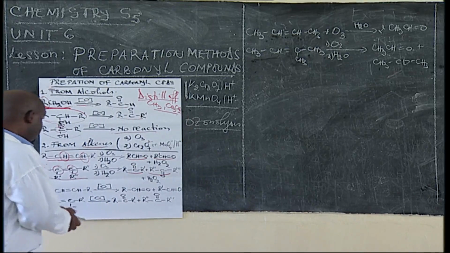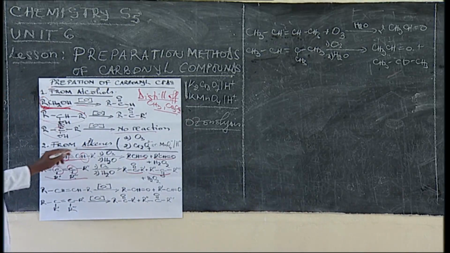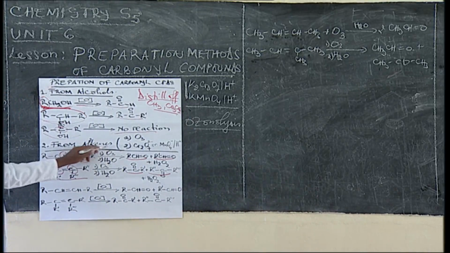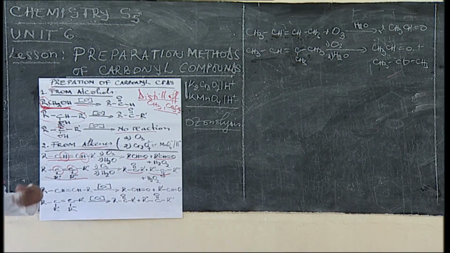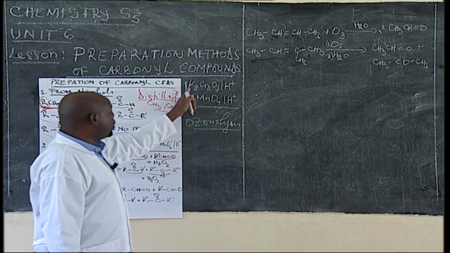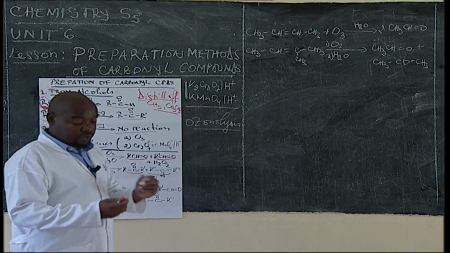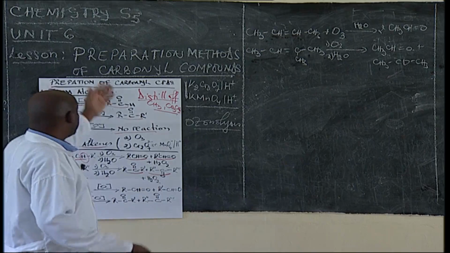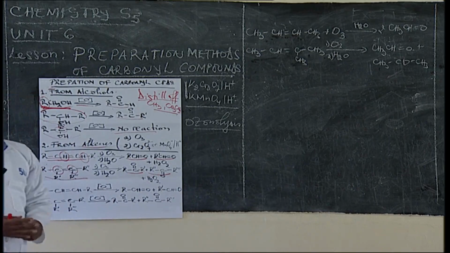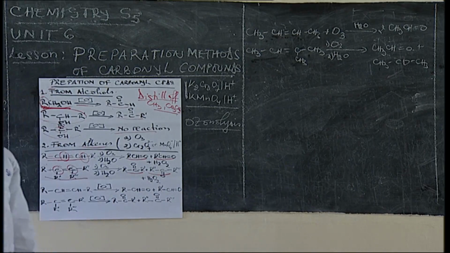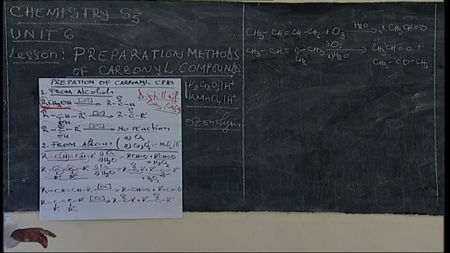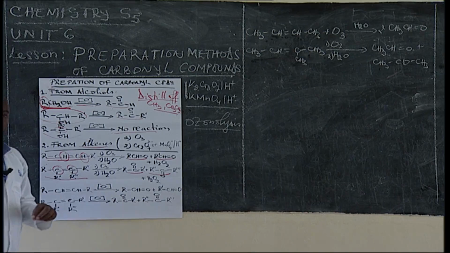And I said the second way of preparing these compounds from alkenes is to oxidize the alkenes by using our known oxidizing agent. It is almost similar to this one, but we have one difference. The difference is that here the double bond is broken.